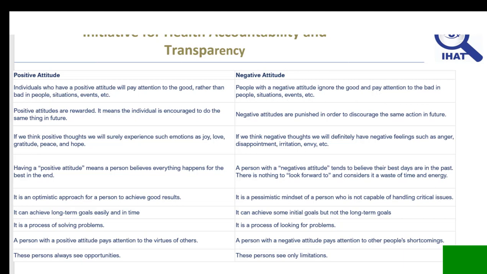Positive attitude is a process of solving problems, while negative attitude is a process of looking for problems. Persons with a positive attitude always see opportunities, while persons with a negative attitude see only limitations.